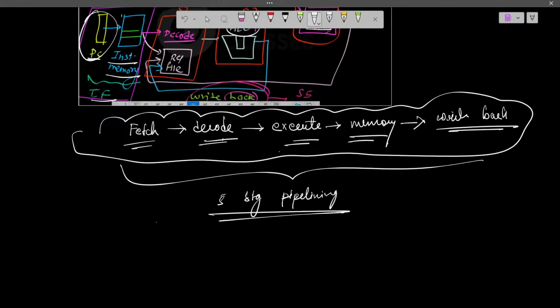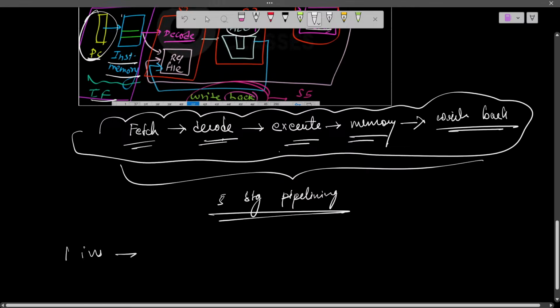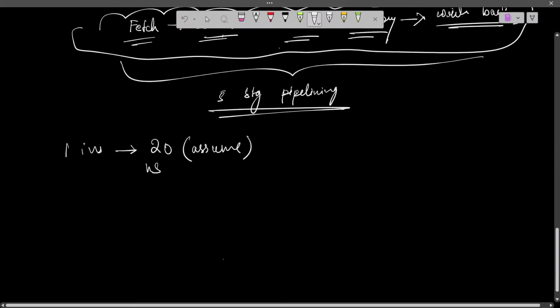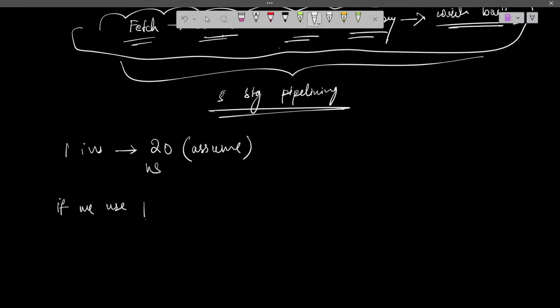Okay, so the whole structure is divided into five stages. If a single unit, then one instruction takes 20 nanoseconds. Let's assume one instruction takes 20 nanoseconds. Then if we use pipelining, how will things work? It would work something like that.